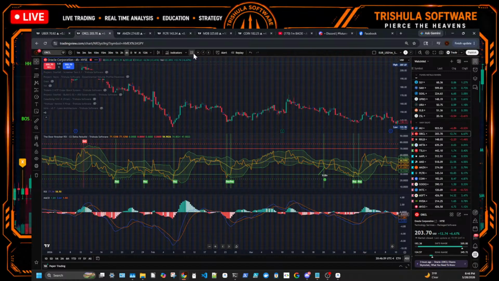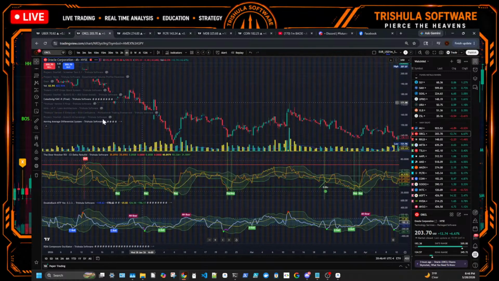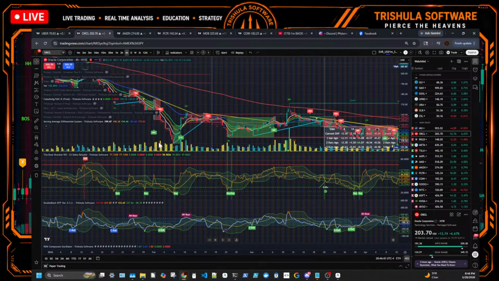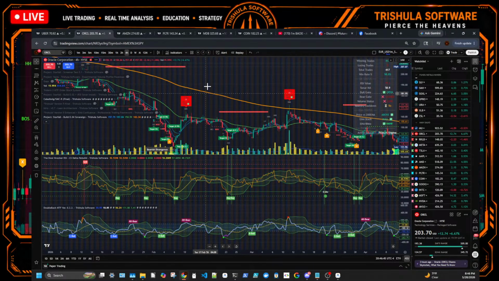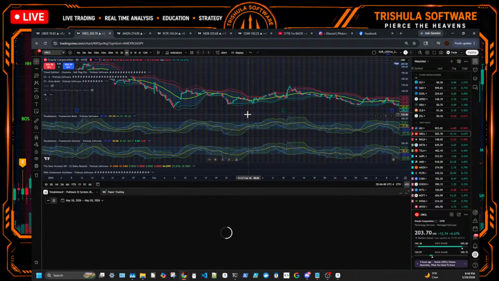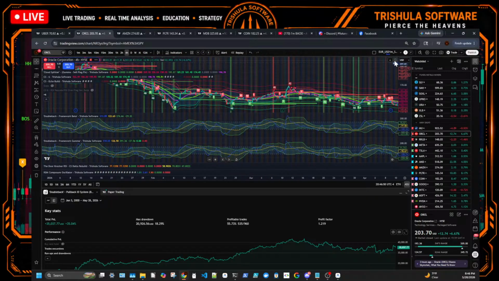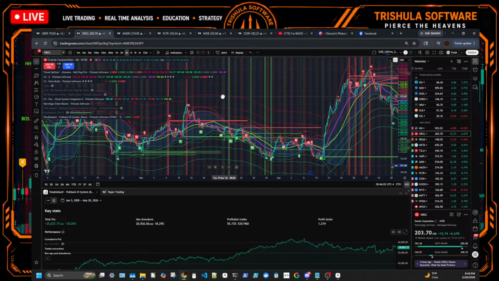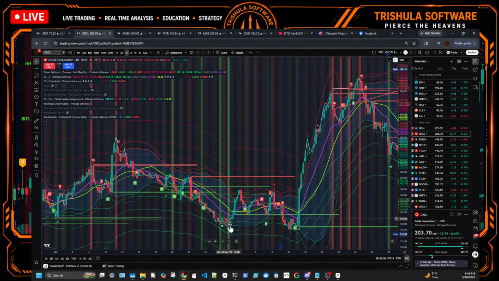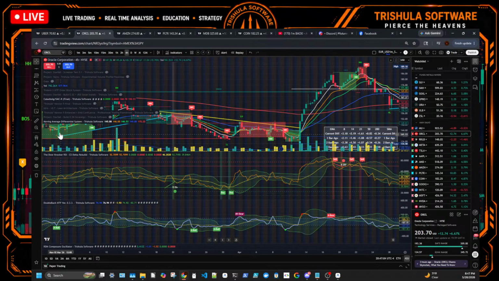You can buy all the indicators you want. Still not indicative of anything, because the market's going to do what it's going to do. The indicators are just confluence in order for you to gain confidence in how you trade.